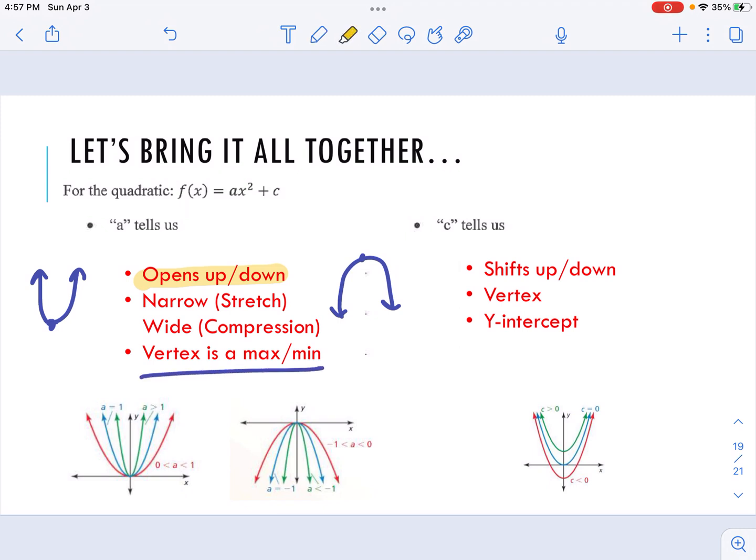We also know that A tells us if it's a vertical stretch, stretching those arms up really nice and high above your head, or is it a vertical compression, a little bit of a wider graph. The c value of our quadratic function also tells us a lot of important information. More specifically, it tells us if we're shifting the graph up and down, which really affects our y-intercept and our vertex.